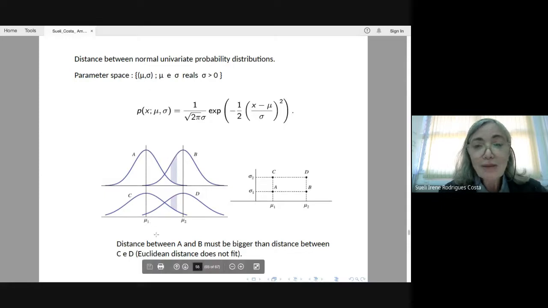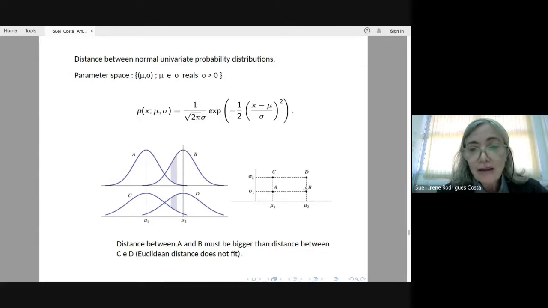We need these two numbers to parameterize all these distributions. Here A and B are points in the parameter space, and the associated distributions are these two; C and D are also points in the parameter space, corresponding to these other distributions. It is easy to see that those distributions are farther apart than these ones.